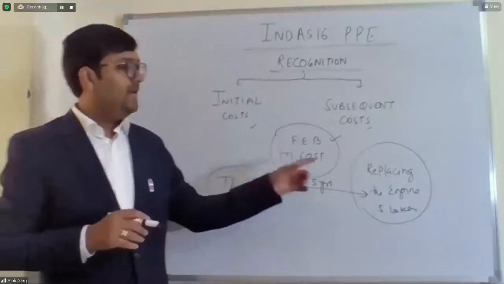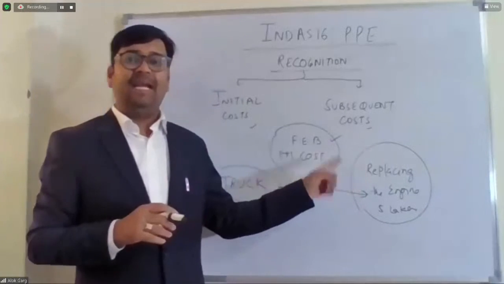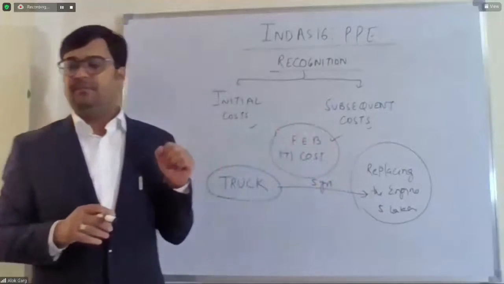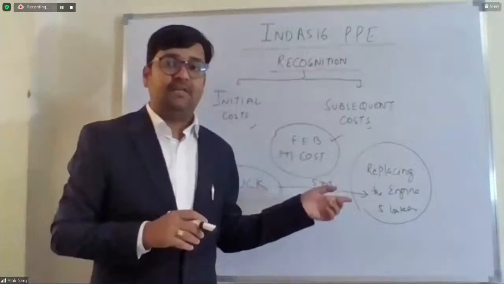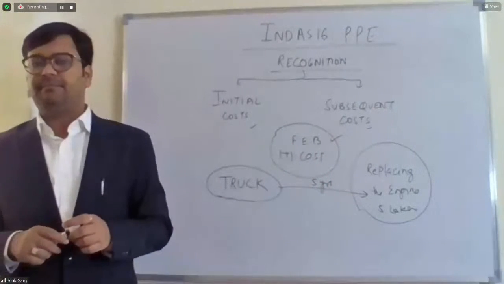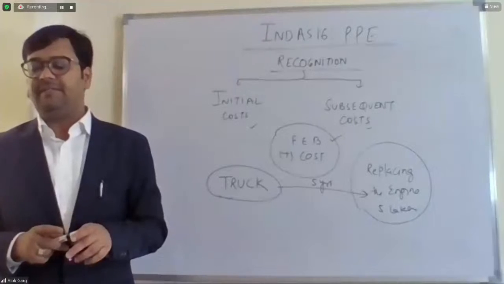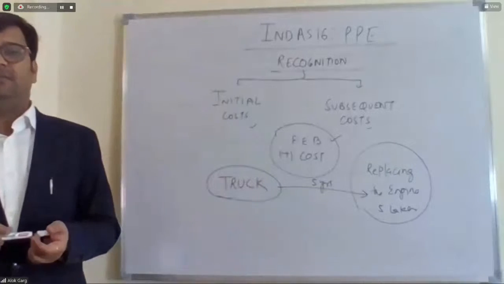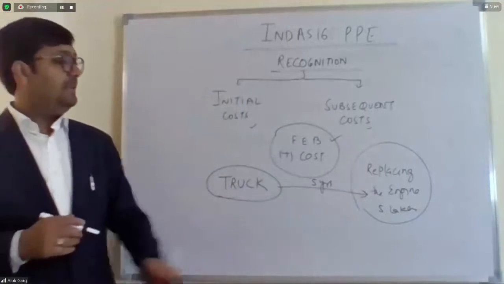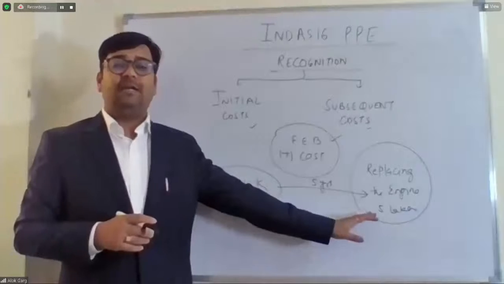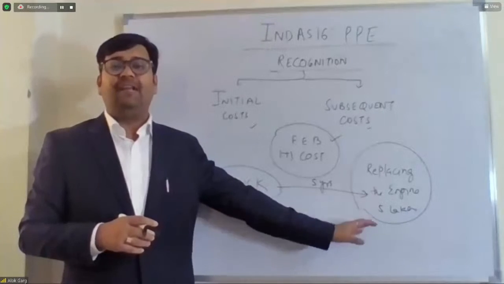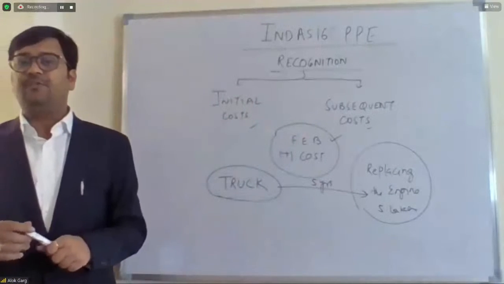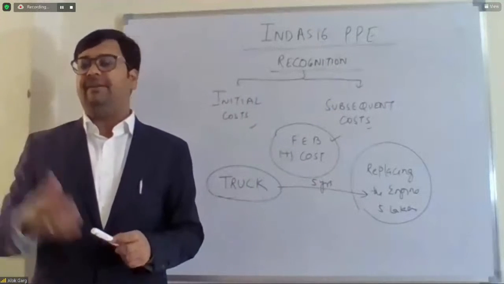But when the company has an expense of rupees 5 lakh on replacement of the engine, then what will happen? The life of the truck is 15 years. I want to understand what is your view, whether this 5 lakh rupees has to be recognized in P&L or whether it has to be capitalized as a part of the truck and depreciated over the remaining life.